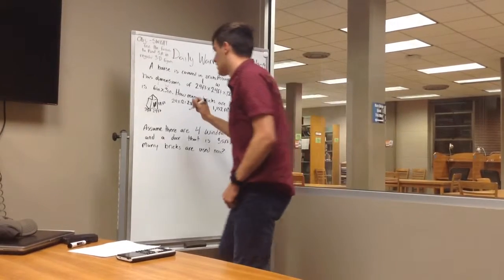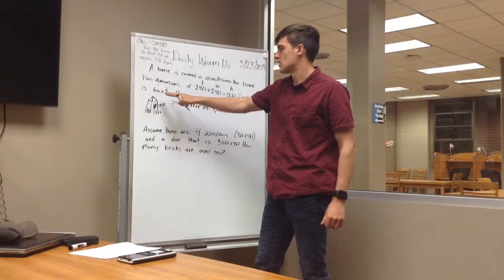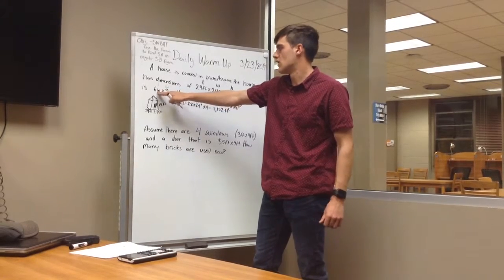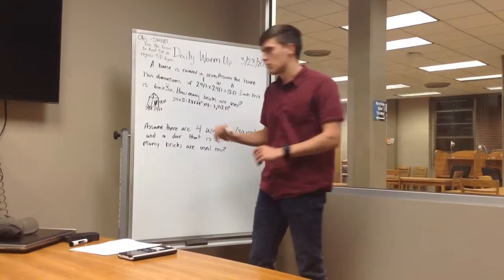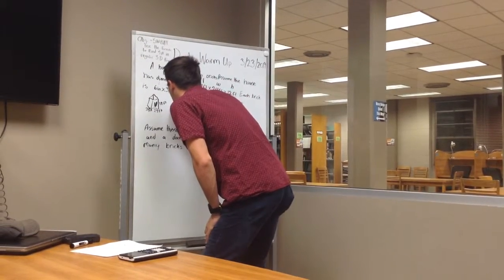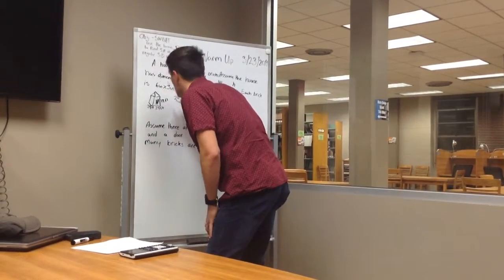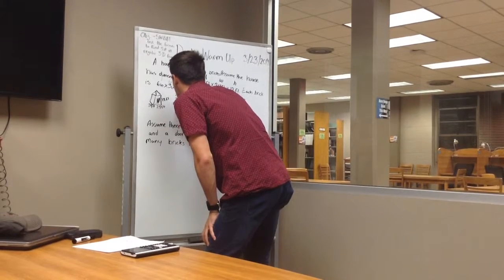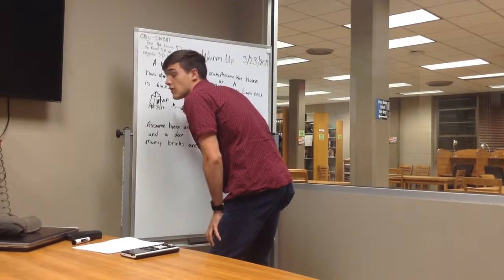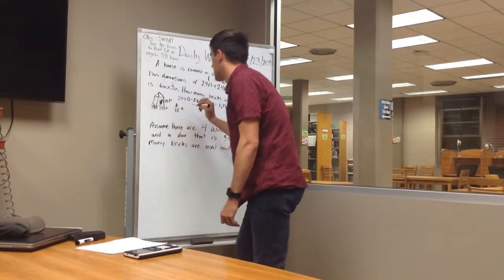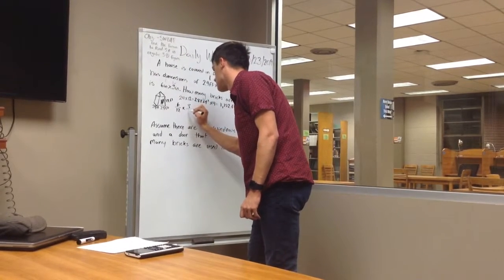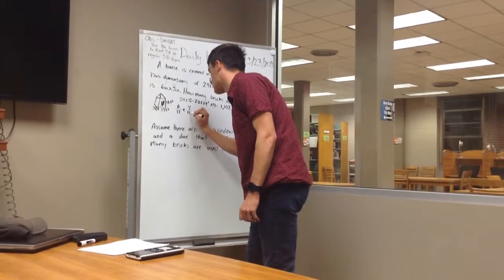Alright, so what is the difference between this and this? I mean, obviously they're different numbers, but they're in different units. Alright, so we've got 6 inches over, how many inches are in a foot? 12, perfect. Alright, and then we've got 3 inches over 12, right?